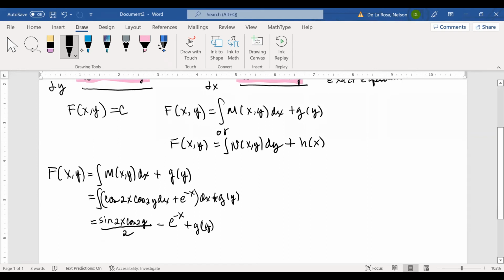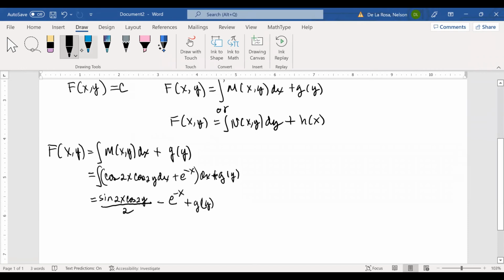Then, this function is the solution, but it's not complete yet because we don't know what that function depending on y is exactly. So we need to find in some way g of y. So how are we going to find that? Well, now we can find the derivative of that function we found with respect to y, and that, recall, is going to be equal to N of x comma y.